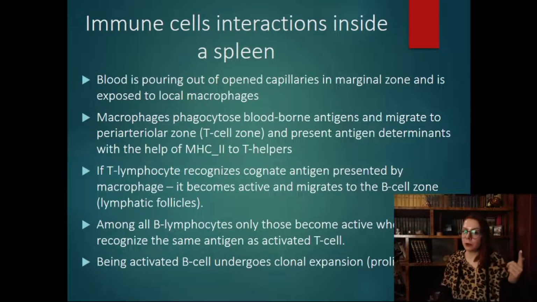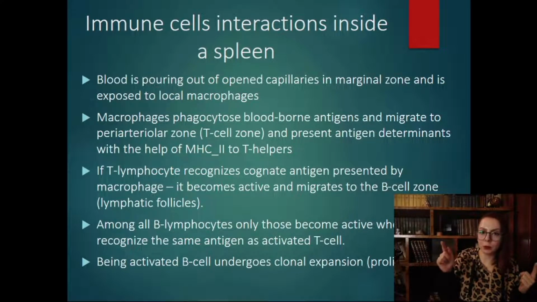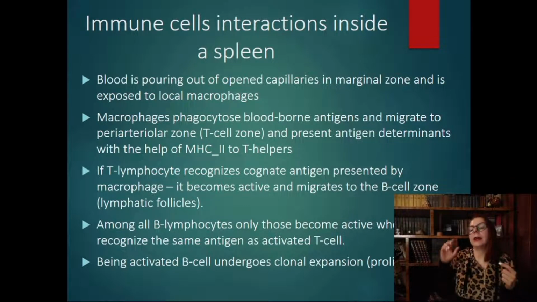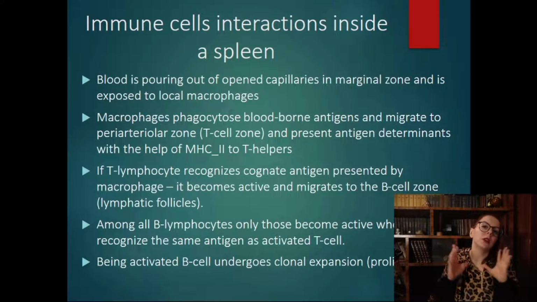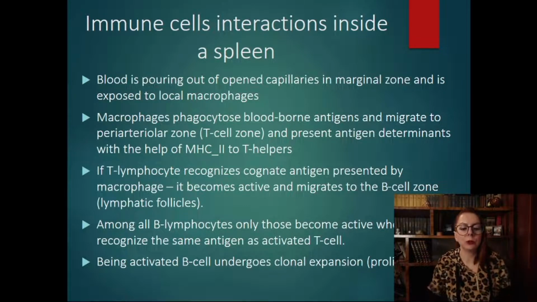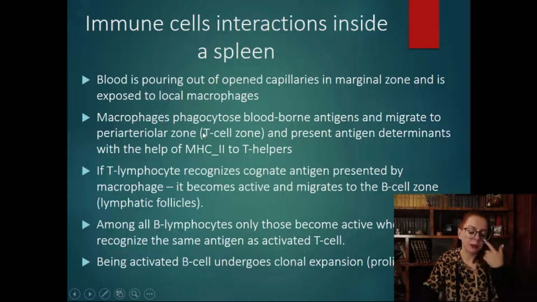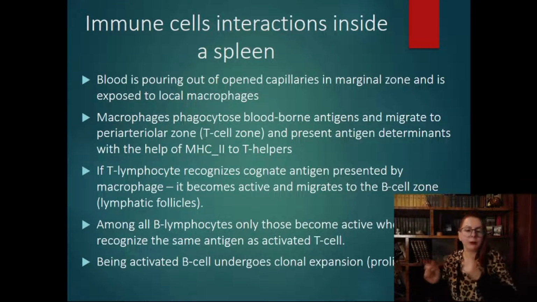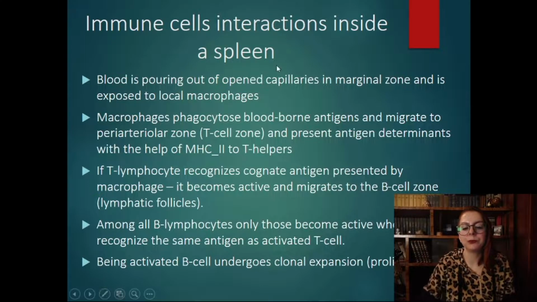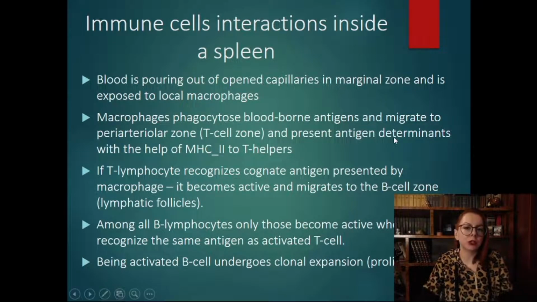Like in the lymph node, where macrophages migrate to the paracortical zone. Here, activated macrophages with their antigens come to the periarteriolar zone, which is populated by T cells. So again, macrophages go to the T cell zone. And here antigen presentation takes place.